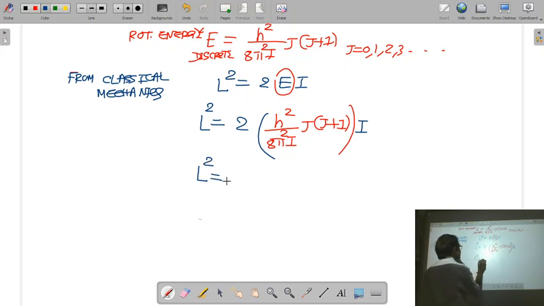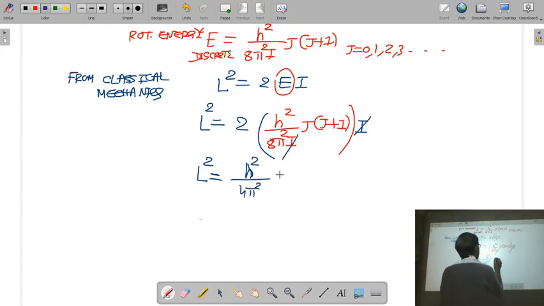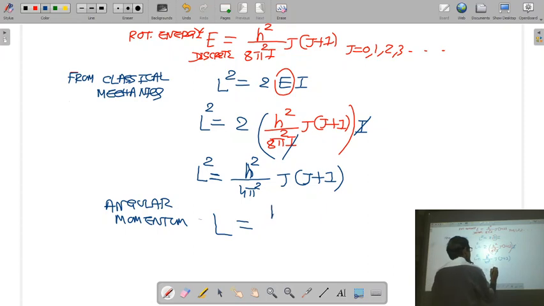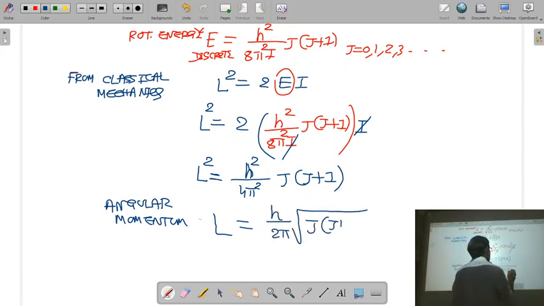L square is equal to h square upon 4 pi square, J plus 1, as I gets cancelled. So the final angular momentum comes out to be h upon 2 pi under root J plus 1.